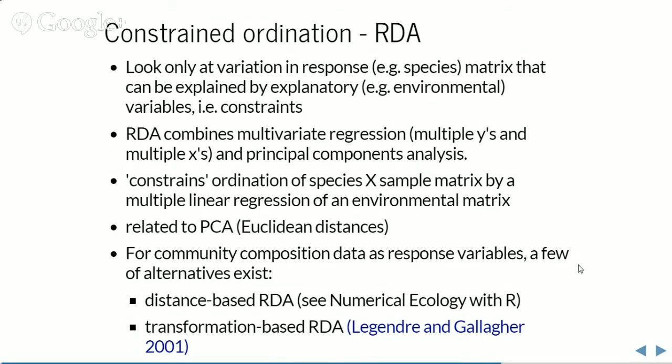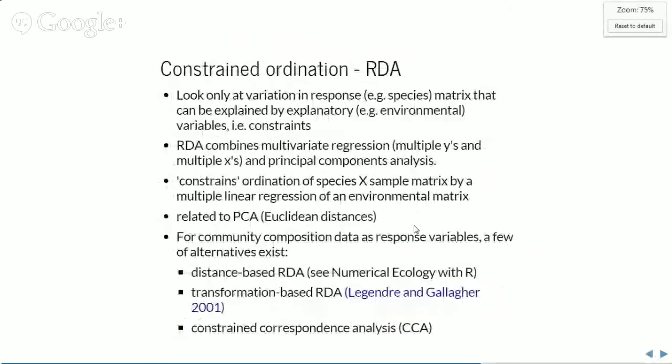So for community composition data as response variables, there are some alternatives that are based on this. One is a so-called distance-based RDA, where you're starting with not a raw species abundance matrix, but a matrix of dissimilarities. There's a nice explanation of that in Numerical Ecology with R. Another option is a transformation-based RDA, where you're transforming your species abundances and then doing a regular RDA, so it's slightly different than the distance-based RDA.